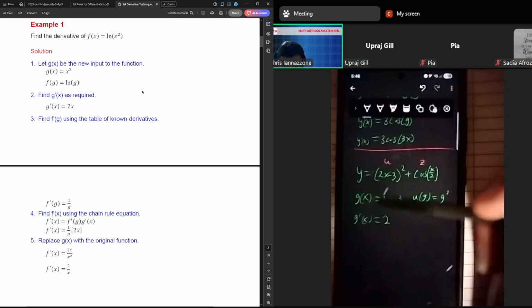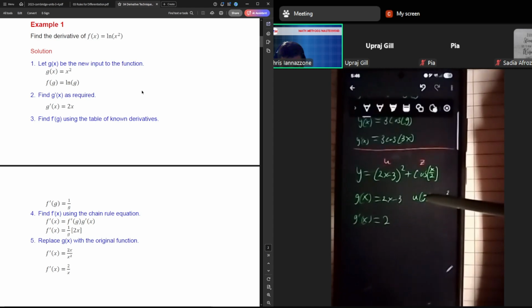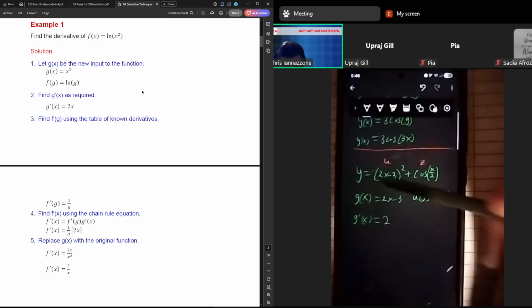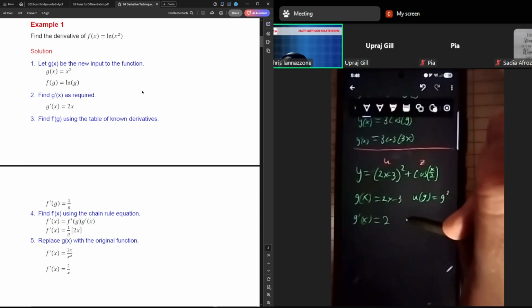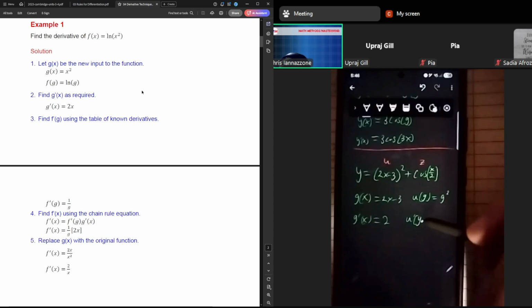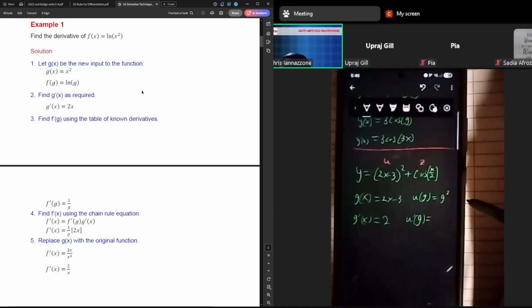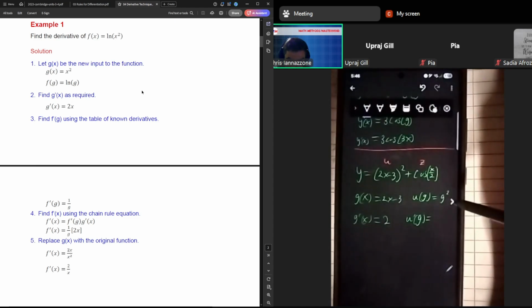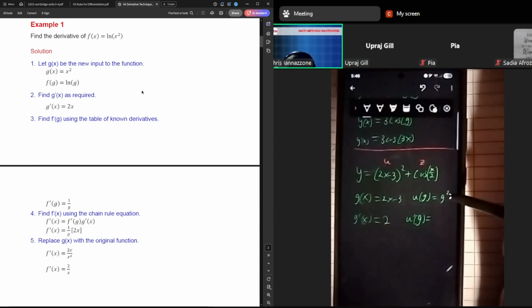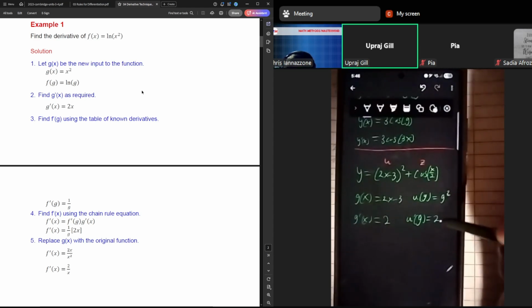So this one we split up into g and u, u of g rather. And so if we want to complete the chain rule of this, we need u dash of g here, which is what? 2g, yeah.